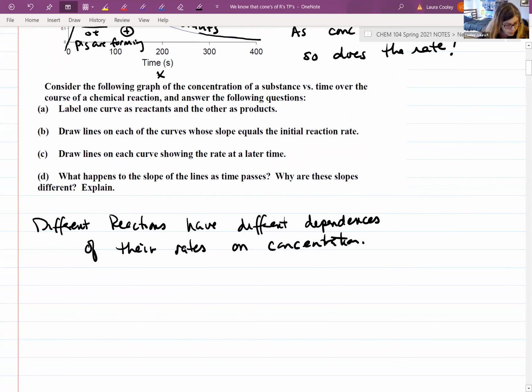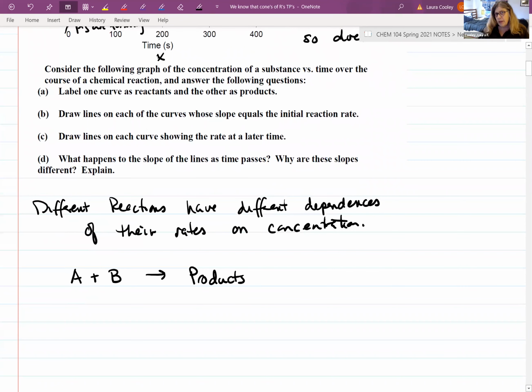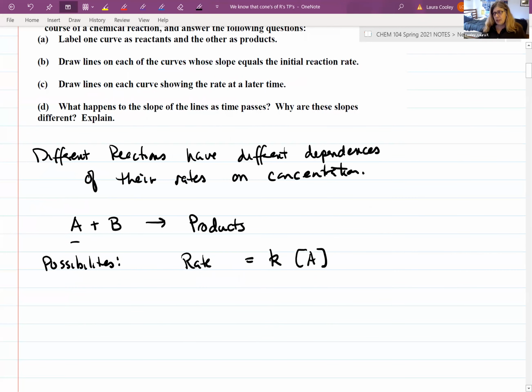So if we consider a reaction like this, A plus B goes to form some products. Okay, the rate can depend on the concentration of reactant A to the power 1. So there are possibilities. The rate can equal the rate constant times the concentration of A. That's one possibility.